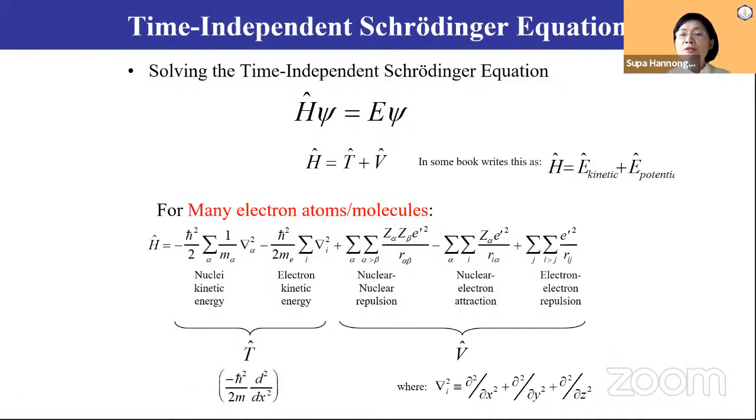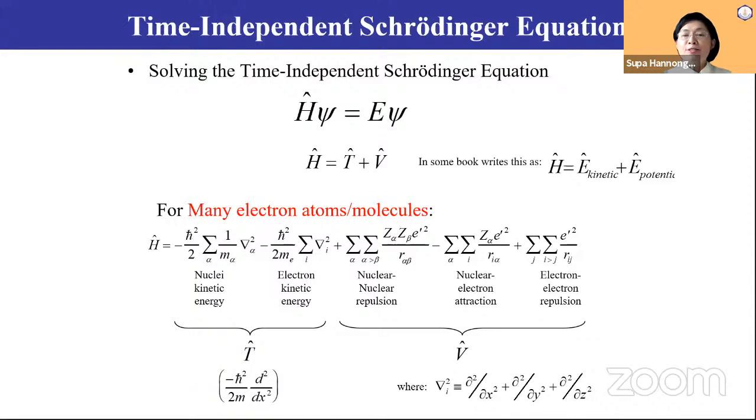And the final term is the electron repulsion, with the charge of the electron e, multiplied by e, so you have e squared divided by the distance between the two electrons, which we call electron i and j.